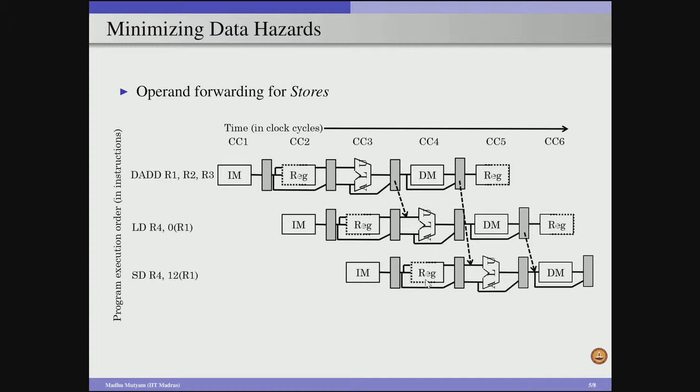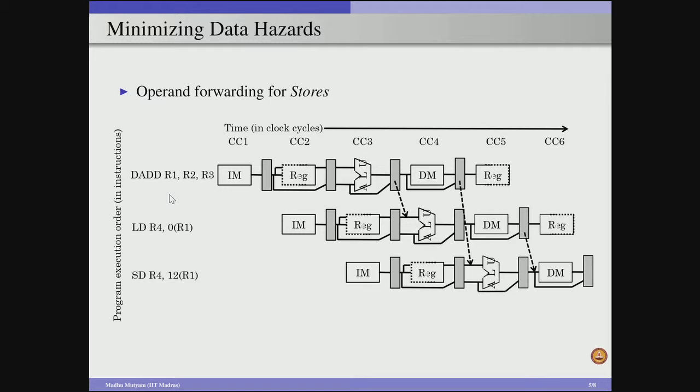So, in the case of stores, we can see in this example an add instruction which is producing the output in register R1, and after the add instruction we have a load instruction, which takes this R1 as a source to calculate the effective address in the cache memory, and we will go to the cache memory, get the data stored in that location and write that onto register R4, and finally we store this value that is stored in register R4 to some other memory location in the cache.